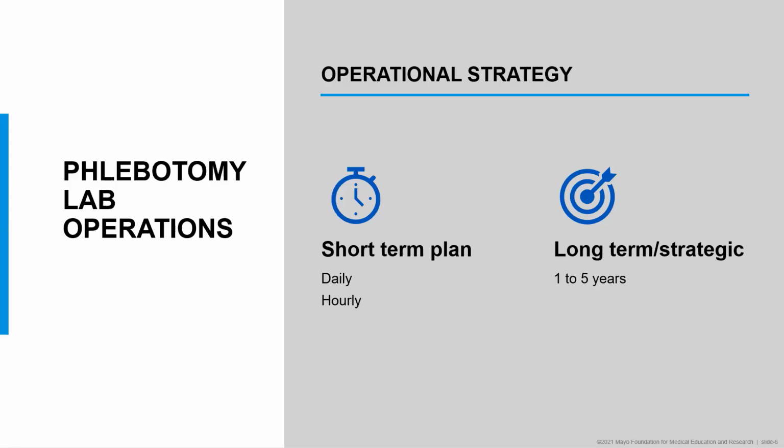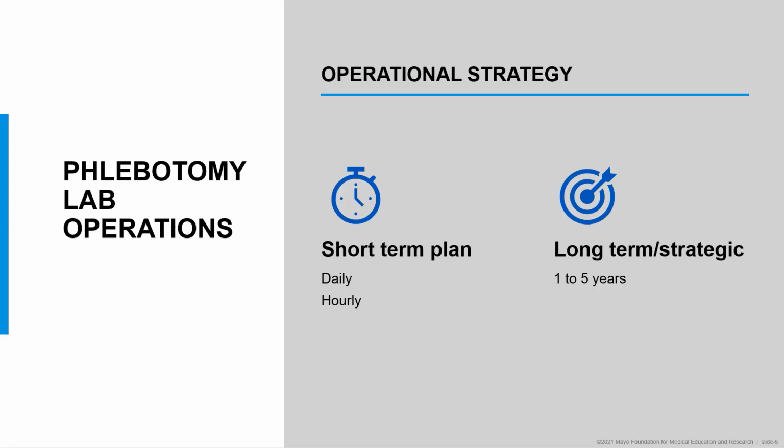How many patients are coming to the work area if it's an outpatient area? How many patients are coming to the outpatient area by hour? If it's an inpatient area, how many patients do I have to go service in an hour? That allows you to manage on a daily basis, on an hourly basis. Then when we talk about long-term planning, this is where you have to look at your operation one to five years ahead.